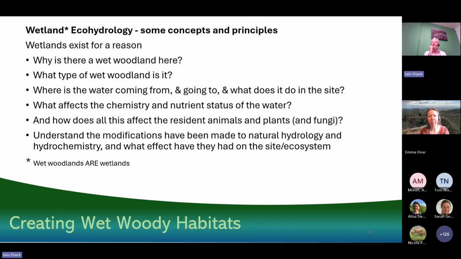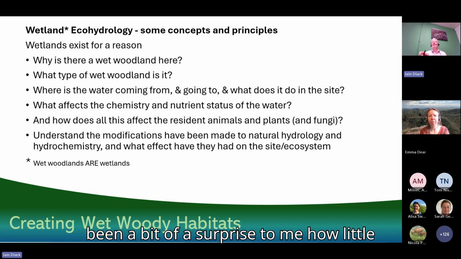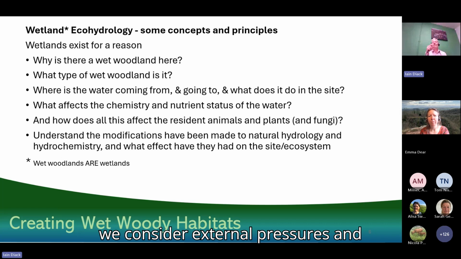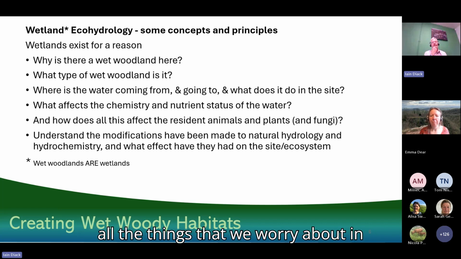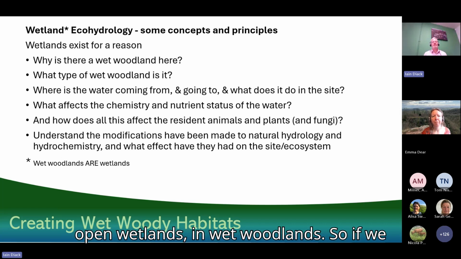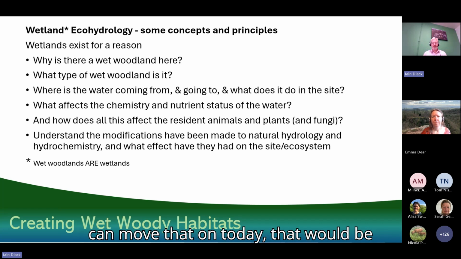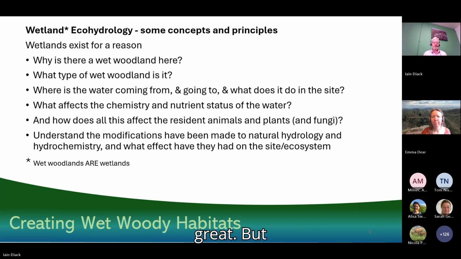And it's always been a bit of a surprise to me how little we consider external pressures and all the things that we worry about in open wetlands in wet woodlands. So if we can move that on today, that would be great.